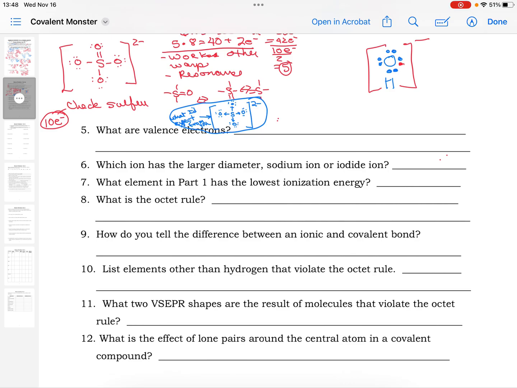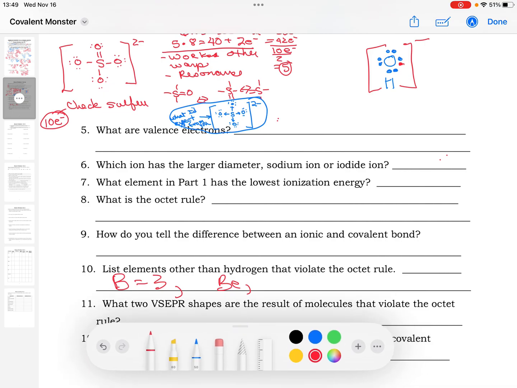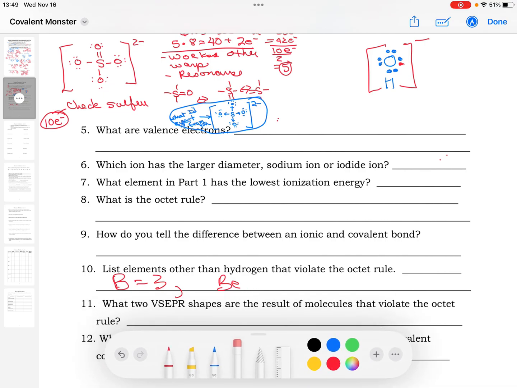Okay, let me see here. This would be boron, which has 3 bonding pairs, beryllium, which has 2 bonding pairs, phosphorus, which can have 5 bonding pairs, and sulfur, which can have 6 bonding pairs.